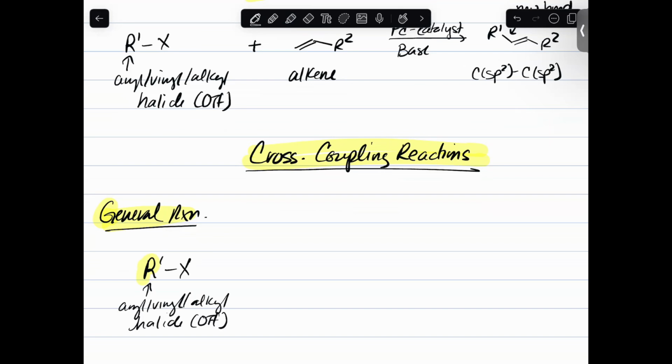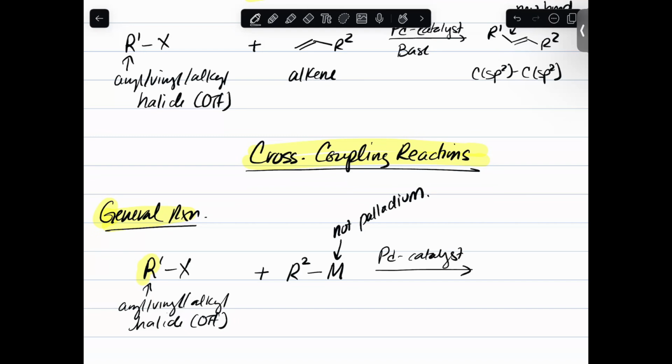In this case, you don't have to start with an alkene. What you can do is start with a different R group that's bonded to a metal that is not palladium. Just like in the Heck reaction, you need a palladium catalyst.